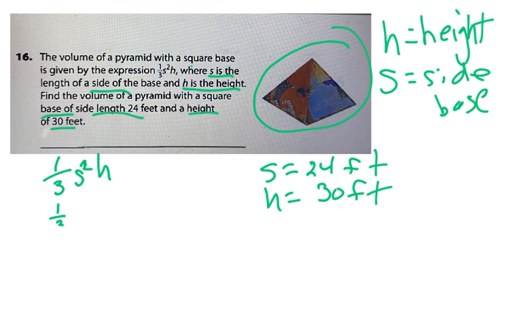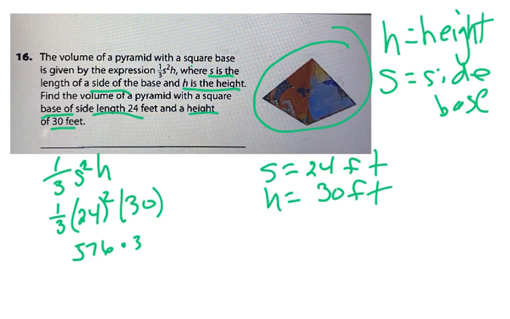This is going to be 1/3 times 24 squared times 30. Okay? So order of operations tells me that I have to do exponents first. So in my calculator, I'm going to take 24 squared, and I'm going to get 576. I'm going to bring that down.